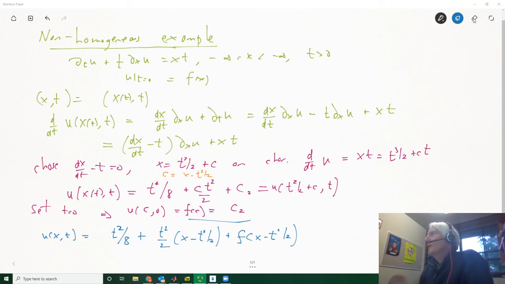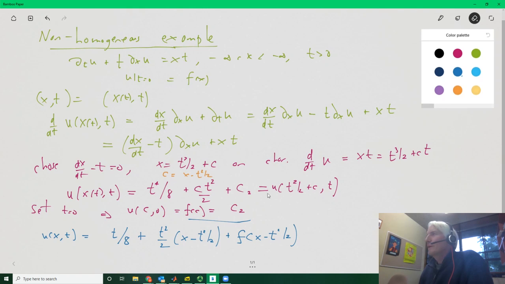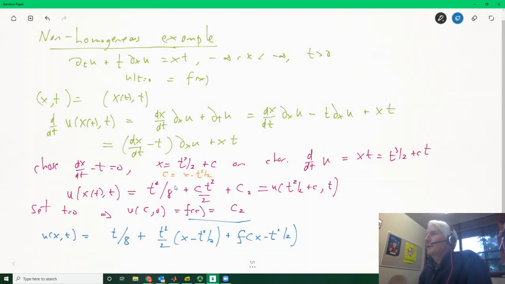Sorry, just a little error here. So I get rid of that. Should be t to the 4. Right, I copied it down wrong.